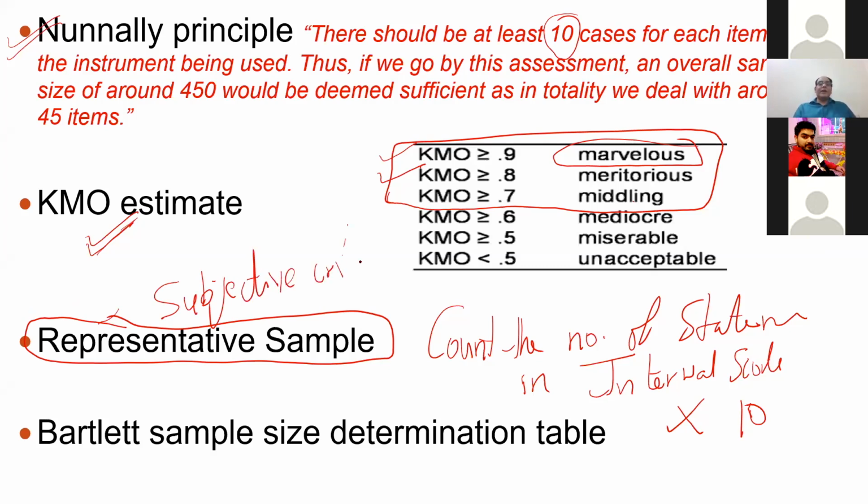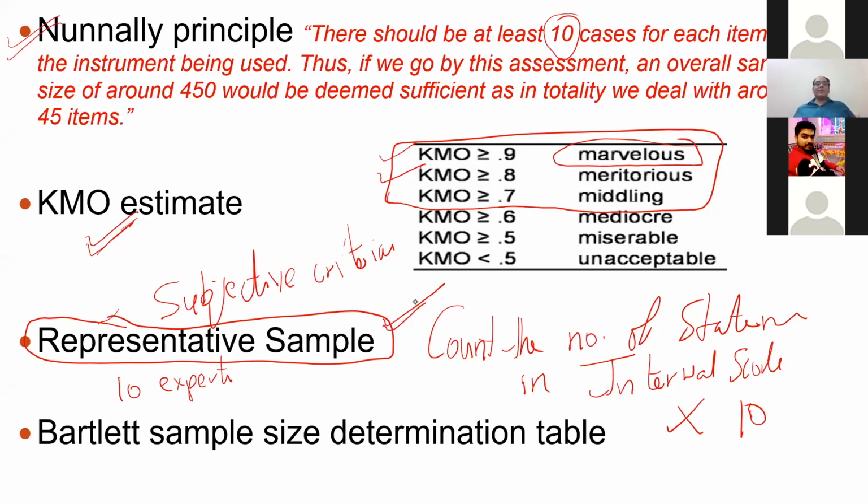Because if subject experts say that your sample size is adequate, it means your sample size is adequate. That's it. There is no logic behind it. Even if 10 subject experts say your sample size is adequate, it means it is adequate.